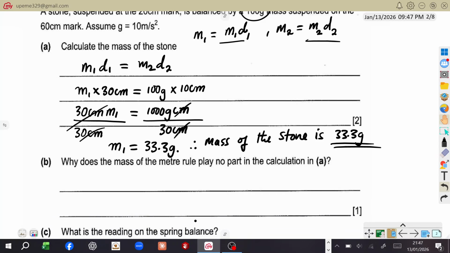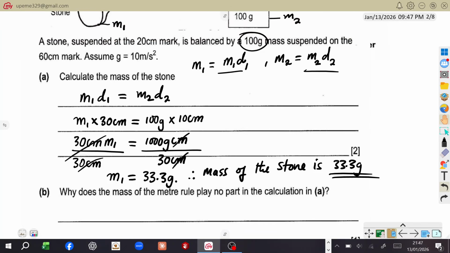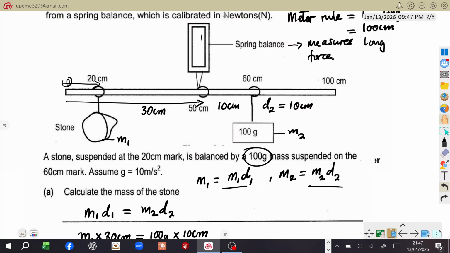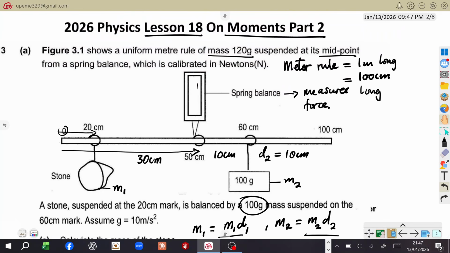Then we come to question B. They're saying, why does the mass of the meter rule play no part in the calculation in A? Like they're saying, we did not use this mass they mentioned here, the mass of the ruler. So why does it play no role? Because it is balanced by the 2 masses.